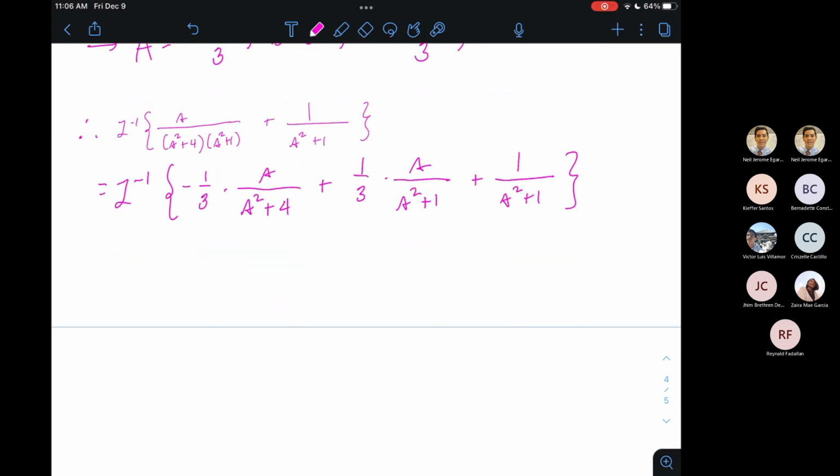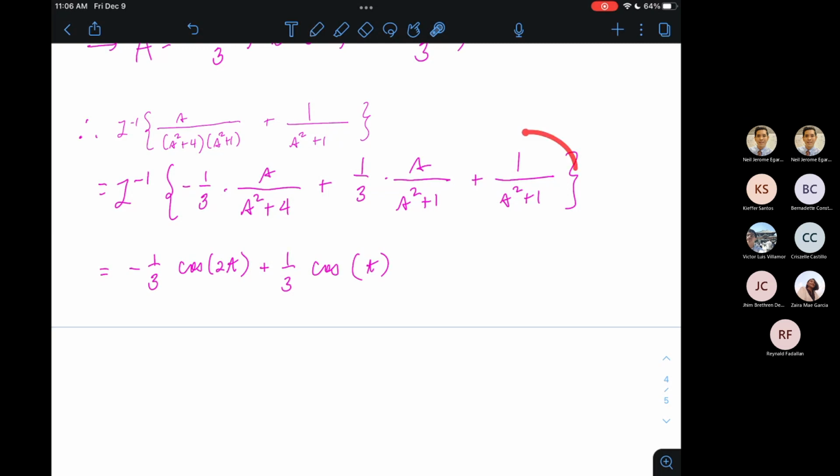And then, since the inverse Laplace transform is linear, we can do term by term inversion, right? So I'm going to have negative 1/3. Inverse Laplace transform nito ay cosine ng 2t plus 1/3. Inverse Laplace transform nito ay cosine ng t.